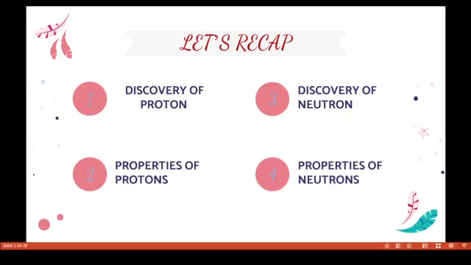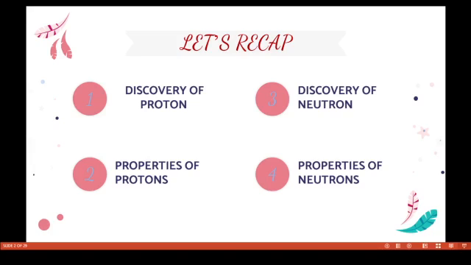He used hydrogen gas for that emission of anode rays experiment. Hydrogen is the lightest gas, and the hydrogen atom is the lightest atom. The anode rays obtained from hydrogen gas are made up of the same type of positive particles called protons.